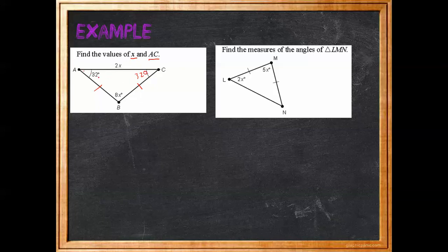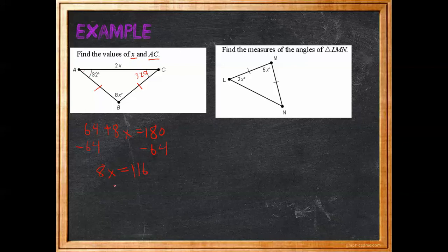Since this whole triangle has to add up to 180 degrees, we add 32 and 32, which is 64, plus 8x, and that equals 180. So we subtract 64 from each side, and that gives us 116.